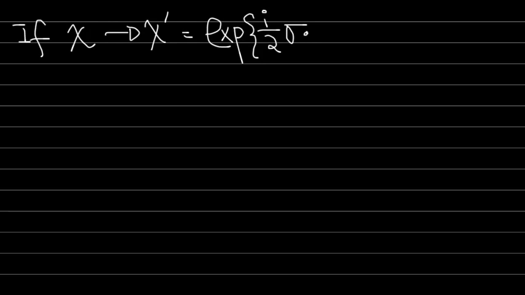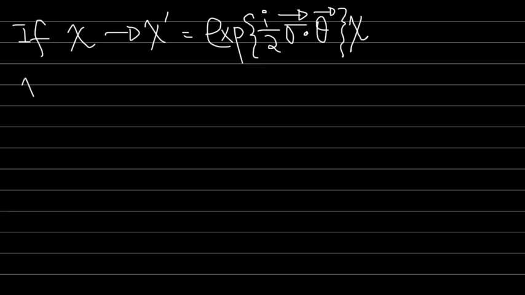Where sigma is our Pauli spin matrices vector and theta, right? And times, of course, chi.